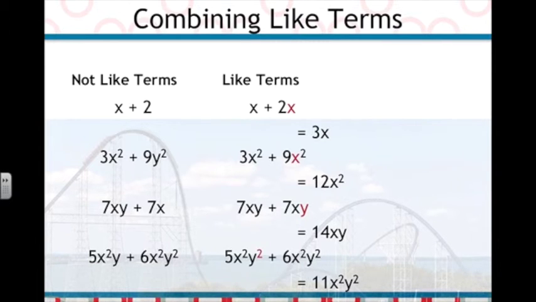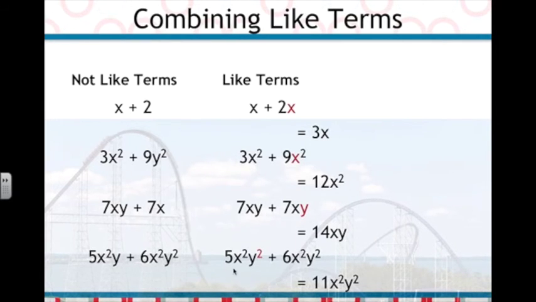Notice in all of these examples, when we add the terms together, it doesn't change what the terms are. For example, when we add an x and a 2x, we still have x at the end. When we add x squared and x squared, we still have x squared at the end. An xy and an xy is again just xy.